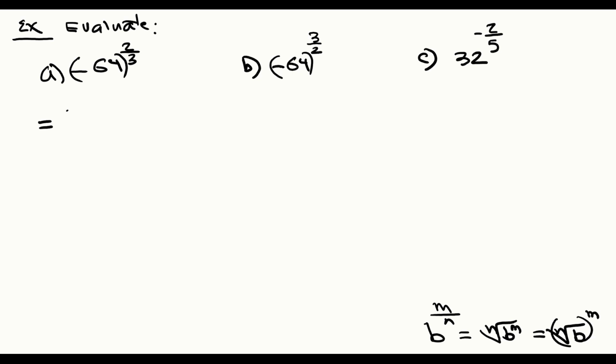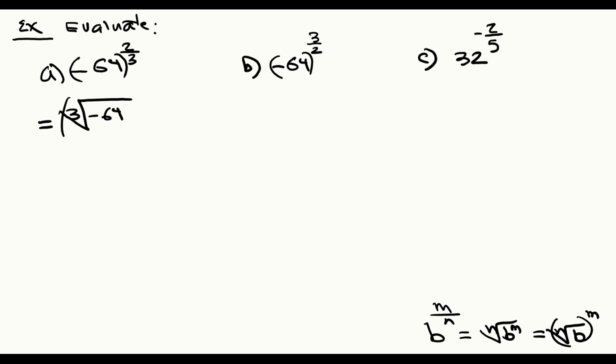So here we're going to get the cube root of negative 64, and then once we have that answer, notice that all of the negative 64 went into the radicand position because it was parenthesized. So the whole thing is being raised to the power of 2/3, the entire negative 64.